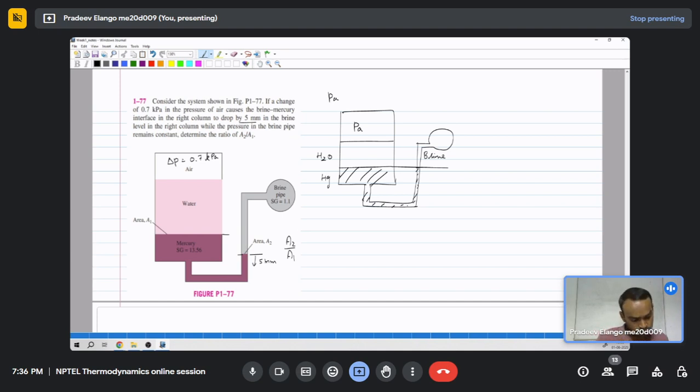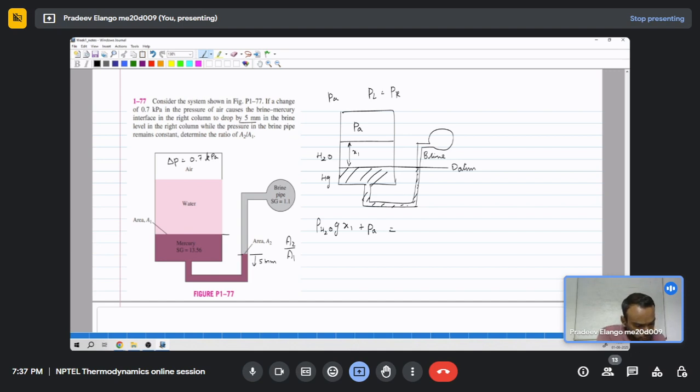Now we can equate the pressure of the left and right limbs, so PL equal to PR. On the left we have rho of H2O into acceleration due to gravity into this height, which I consider as x1, plus we have the pressure of the air, which is PA.